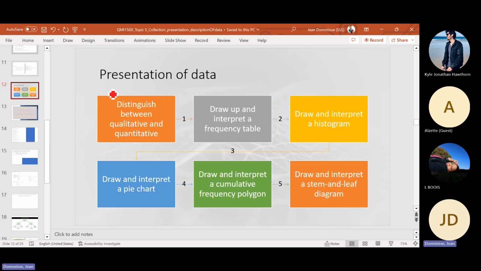Another qualitative measure can be the rank in your years as a student, so first year, second year, third year. That can also be qualitative. Quantitative, again, is something more that we count. So how old are you is quantitative. What's your height, what's your weight, that is all quantitative.